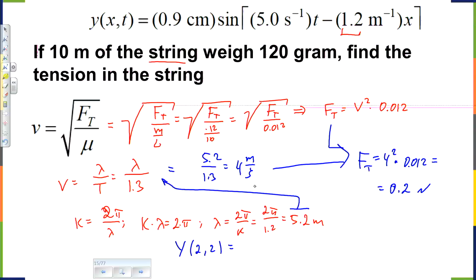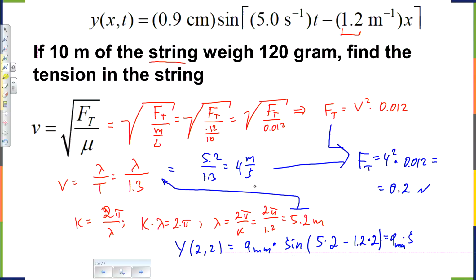So, and let's use millimeters, 9 millimeters, sine. So 5 times 2 minus 1.2 times 2, so 9 millimeters times the sine of, well, 2 and 2 common factor, 5 minus 1.2, 3.8, 3.8 times 2, 7.6.